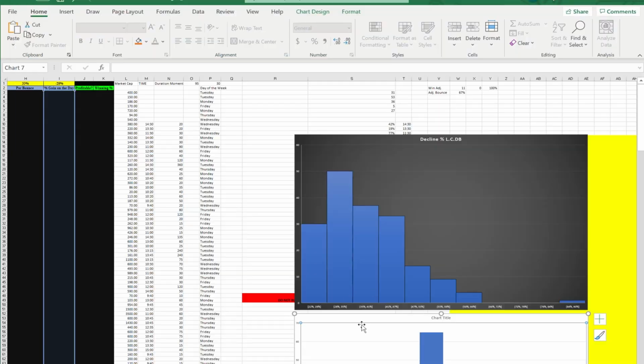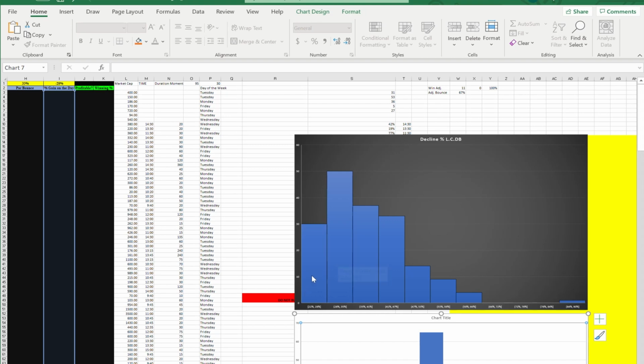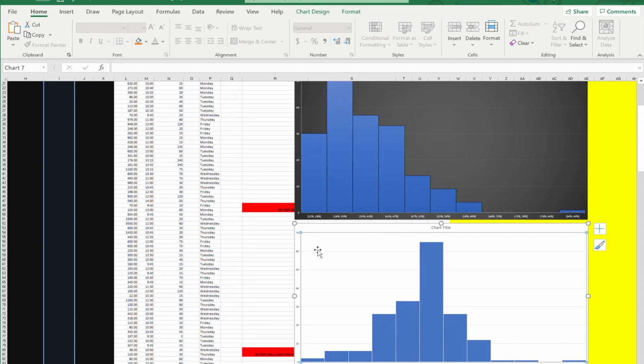And just by looking at these two sets of data, you can judge where you want to trade. Do I want to buy it at negative 28%, or do I want to buy it at 22%? No, I don't want to buy it at 22%, because on average, most of the data closes at negative 28% to negative 37%.